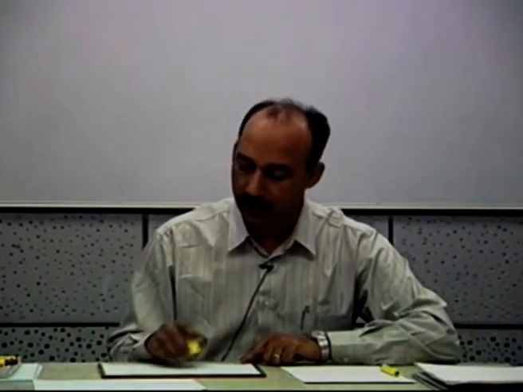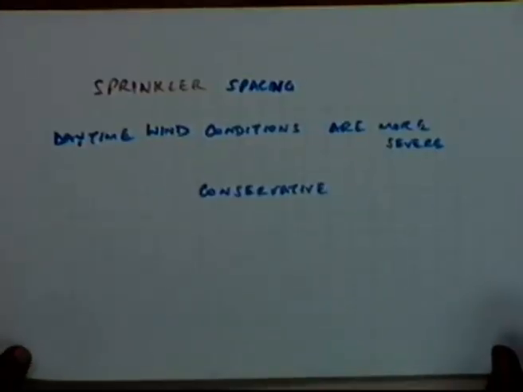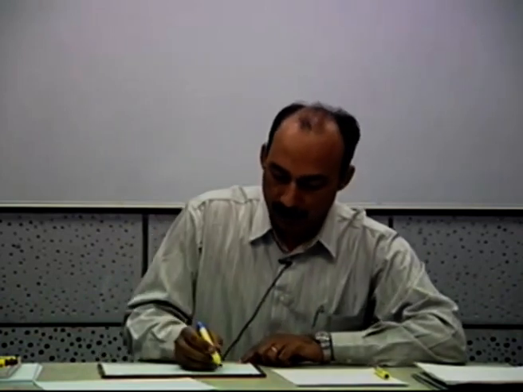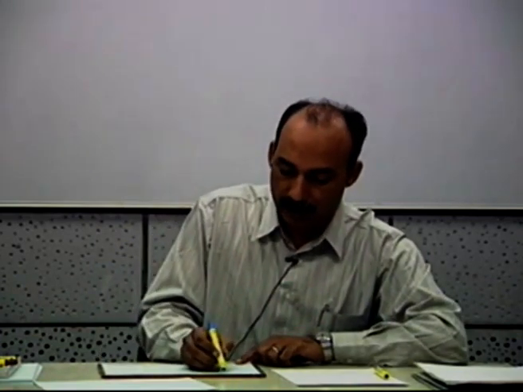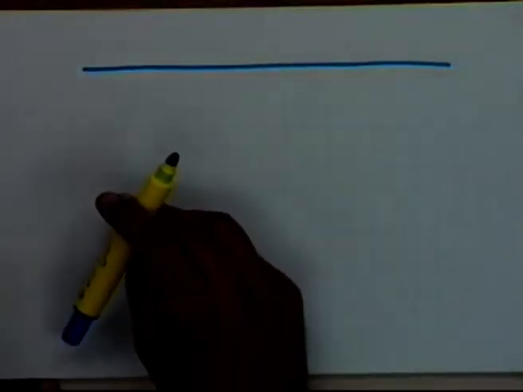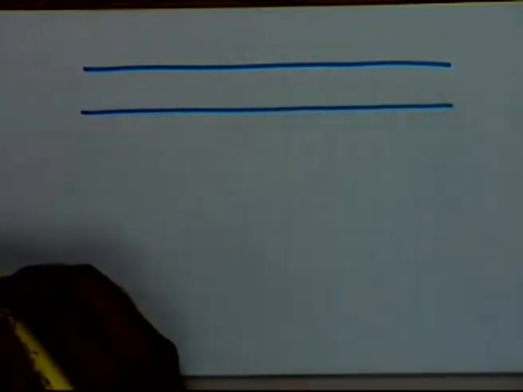So when you are looking at these sprinkler spacing aspects, you will have to take the proper wind conditions. Again in this situation, there are recommendations which are available to account for this aspect.